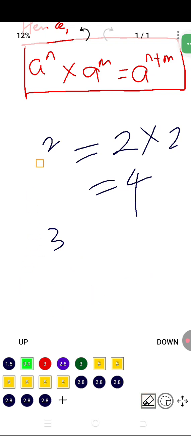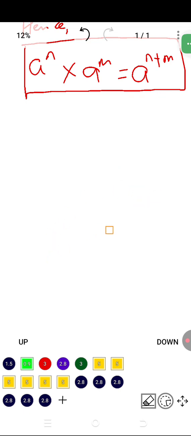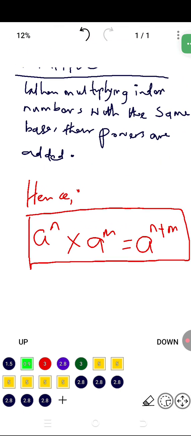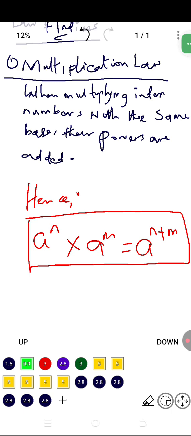When we talk about the law of indices, they are basic mathematics principles that we use to deal with problems involving numbers raised to power.